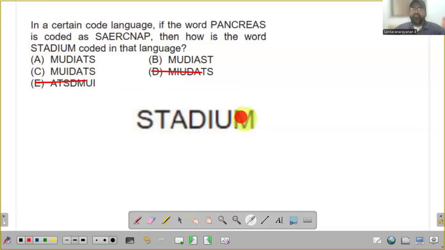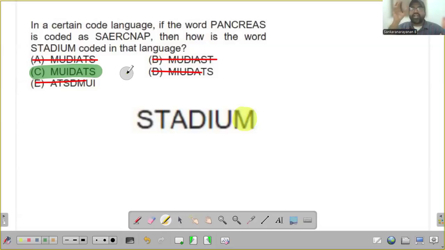Then it should be MUI. So when you see that it should be MUI, you can eliminate option B, you can eliminate option A. Now you are left with only one option, that is option C, and that is your answer.